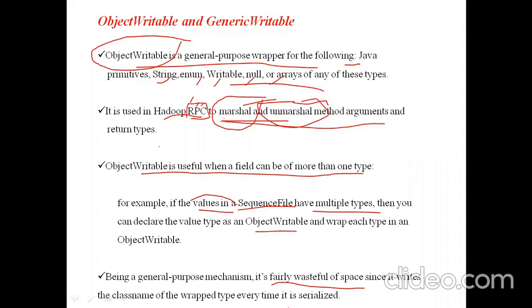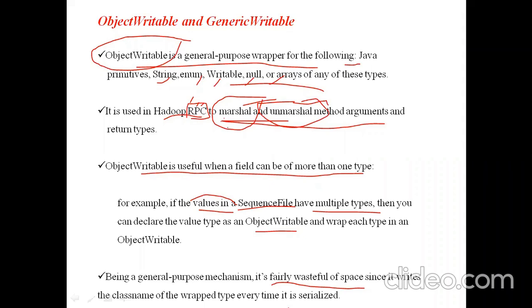Next, we have to learn how to declare arrays in Hadoop. Bytes writable is already an array, but it is an array of binary data. How to create 1D arrays and 2D arrays in Hadoop, we will learn in the upcoming classes.